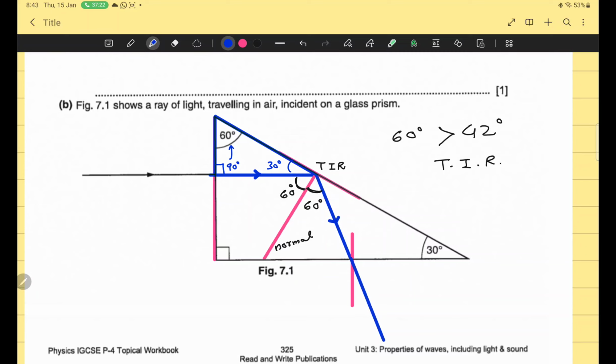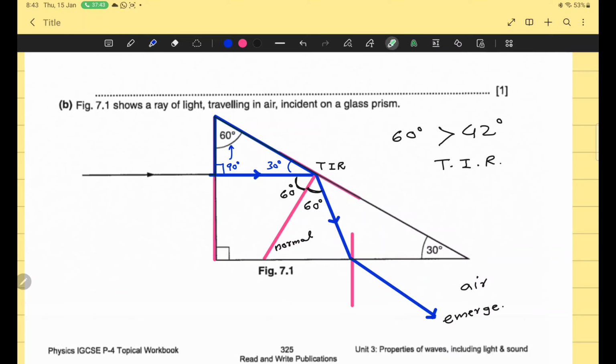When light emerges into air, it bends away from the normal.